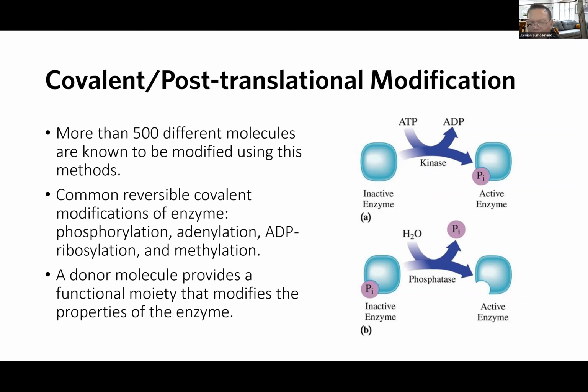In the downside, we can see that the enzyme has already been phosphorylated. To inactivate this enzyme, the phosphate group should be removed by hydrolysis. Now we can see that the active site does not need the phosphate group in the enzyme.